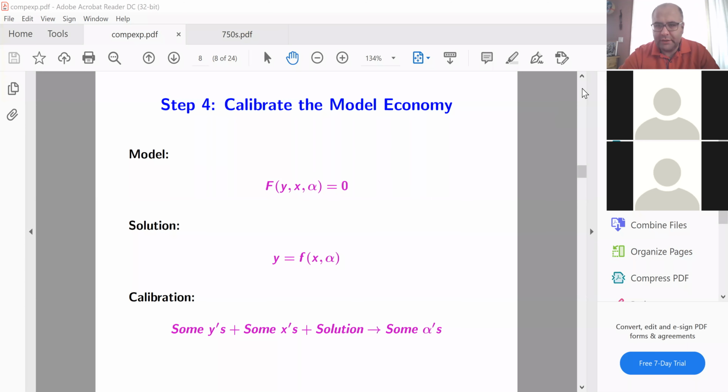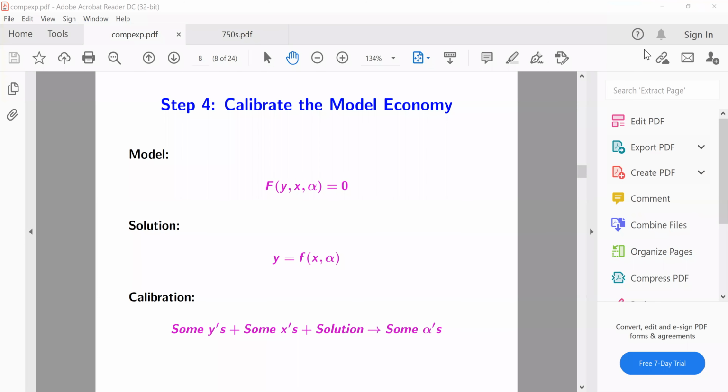Okay, I was just explaining how we imagine the calibration exercise in the economic model. Once again, the model usually has this form: there are many equations that connect endogenous variables, exogenous variables, and structural parameters.